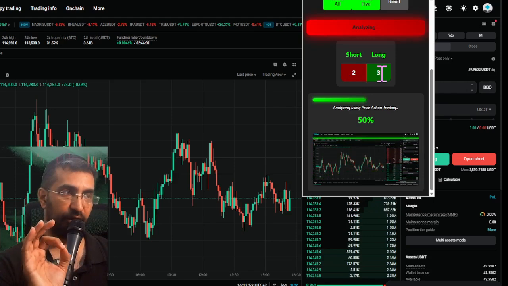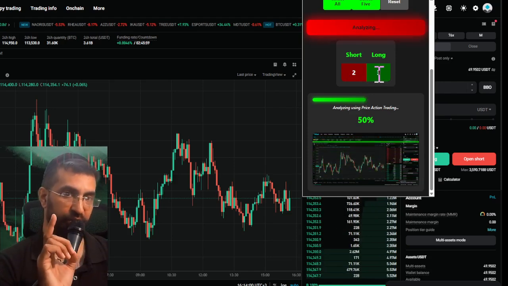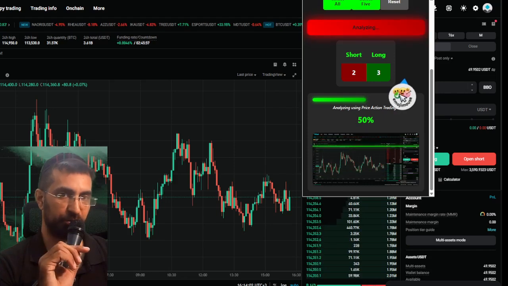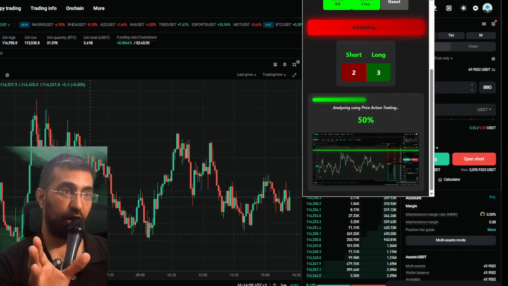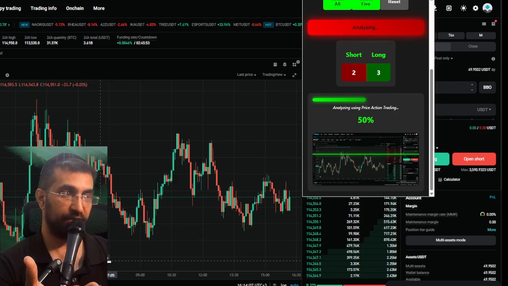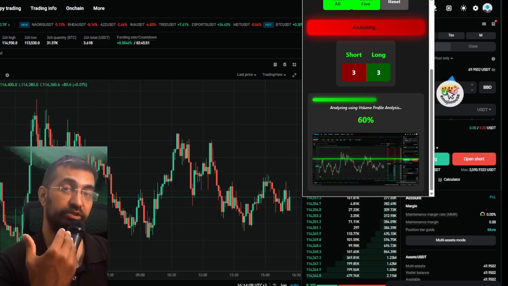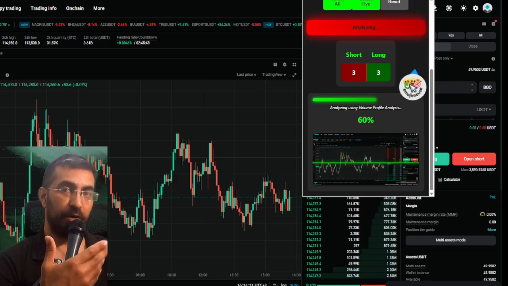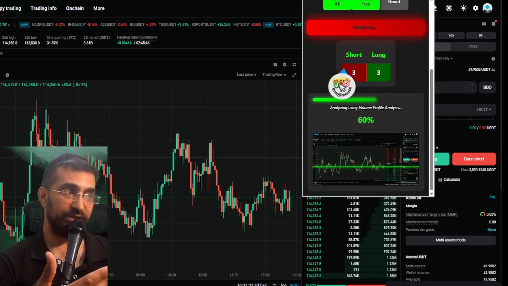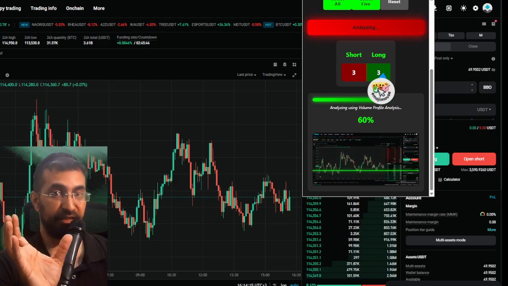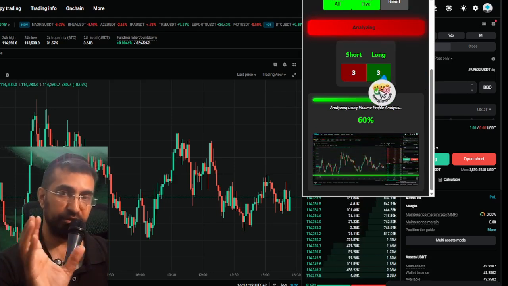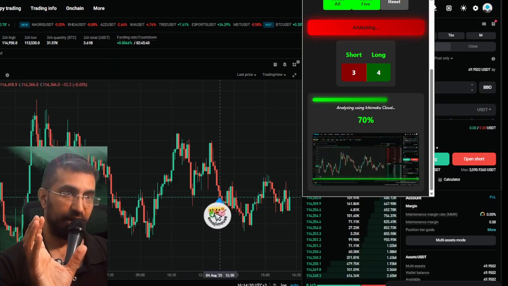All 10 theories tell you to take a long order. Can you imagine how much more confidence you would have than just looking at the graph from the Wyckoff perspective, rather than having all 10 theories supporting your next move? So as you can see, we're kind of tied here. The different theories are having different thoughts about this graph right now.